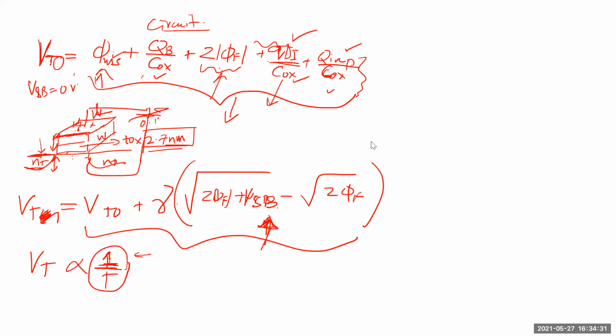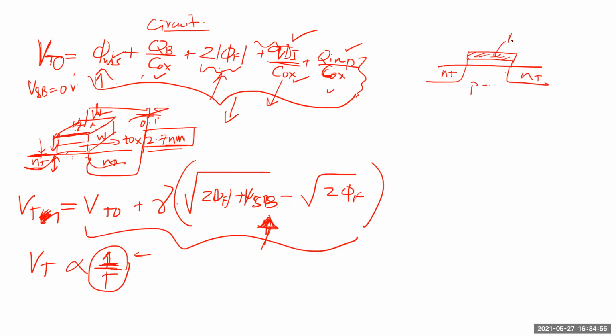So in an NMOS, let me draw a cross section now. This NMOS, this is P minus, this is your oxide, this is your gate, which is poly.